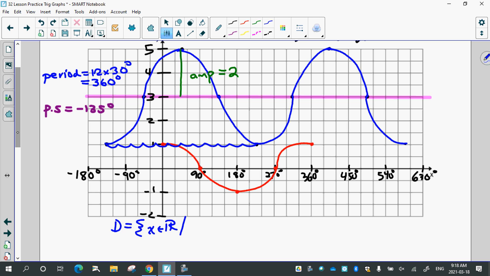So that looks like halfway between negative 90 and negative 180, which is negative 135. And then it goes halfway between 540 and 360. So that's 585.